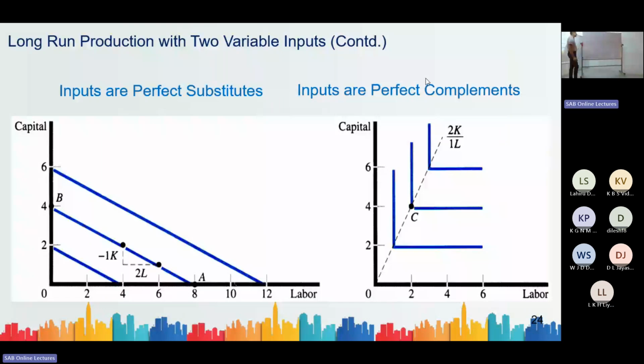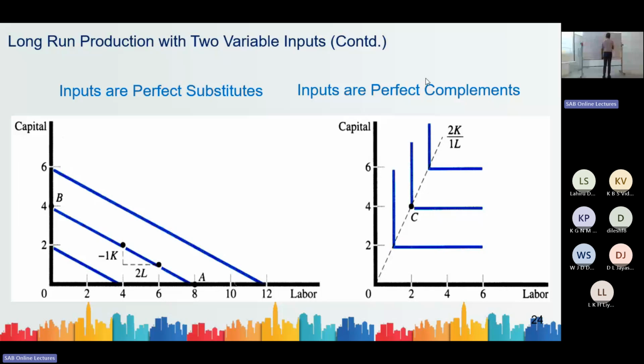Therefore, rational producers will only operate at these corners. If the firm wants to produce 2 kilograms of tablets, how much do they use from X and Y?